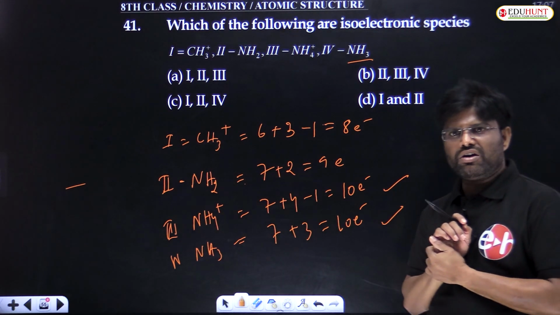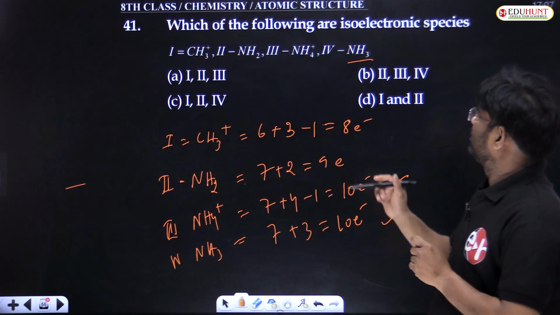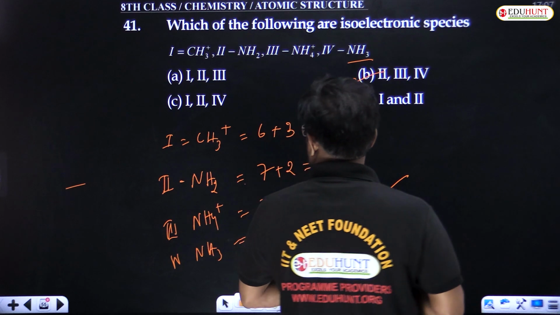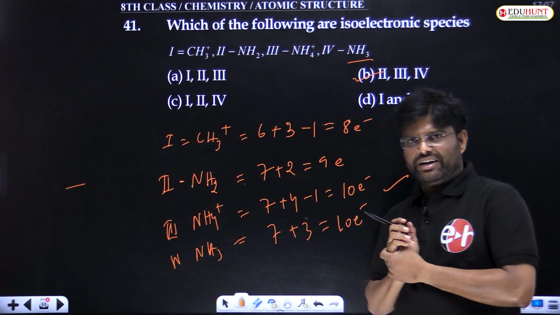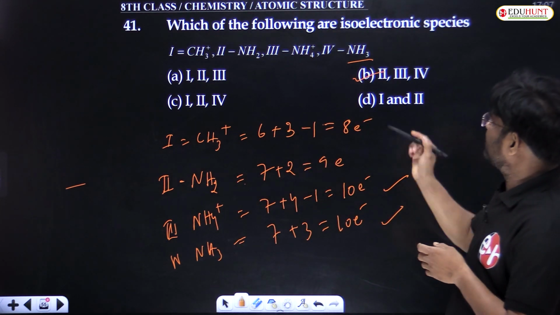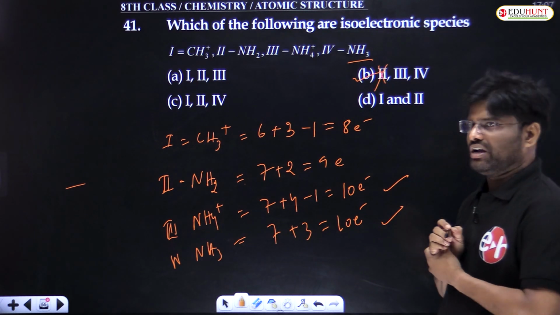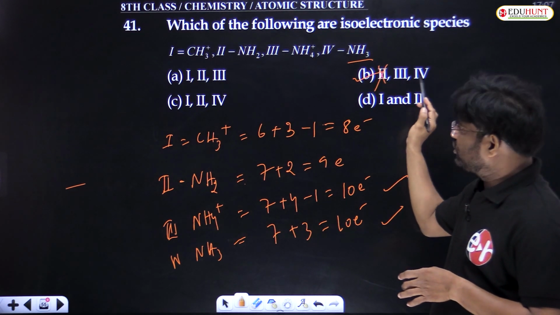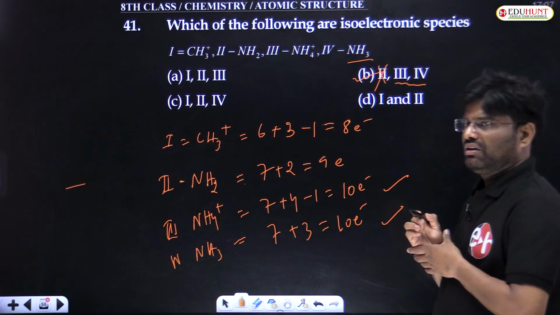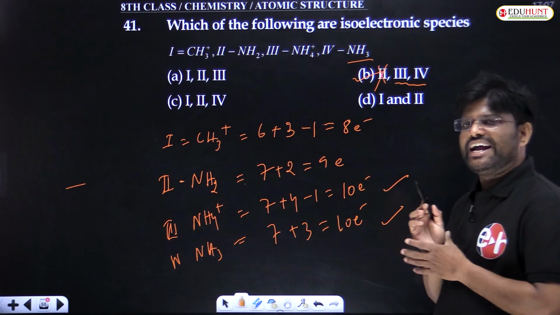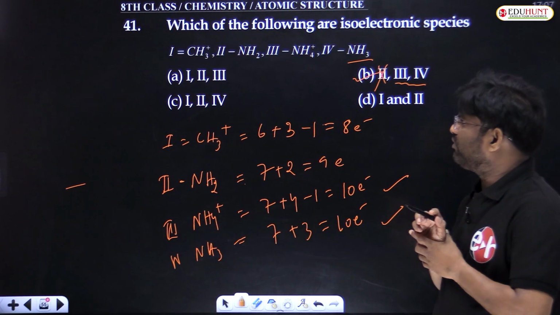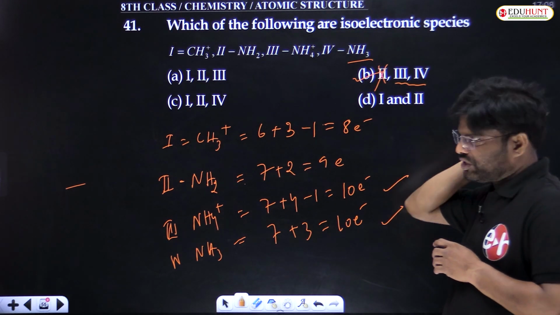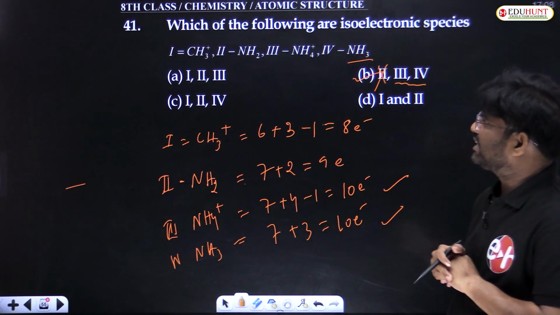This question is a little wrong. According to the given data this is correct, but we will change it: remove Roman numeral 2, and only 3, 4 is correct. So the option is B, with 2 removed.